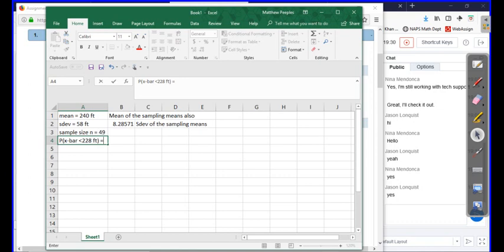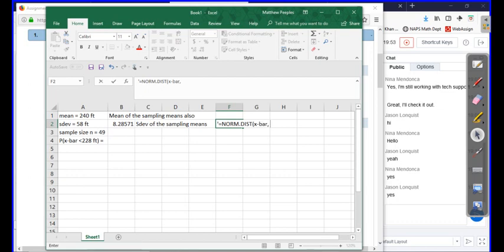Okay, so what we're going to have to do is find that using our normal distribution. Again, remember that the formula for a normal distribution goes norm.dist, and it includes our value of x, only in this case it's going to be x bar.